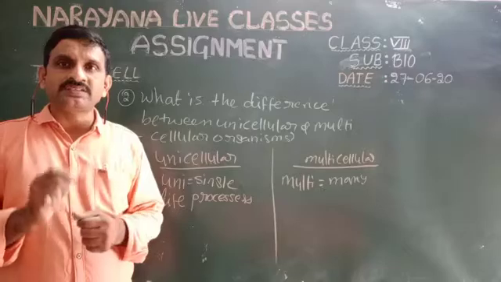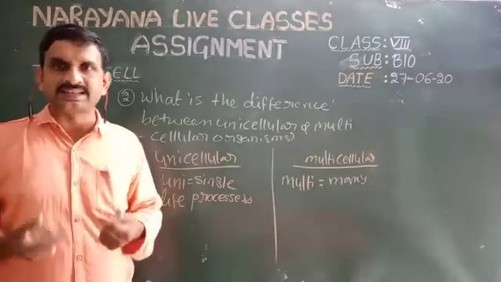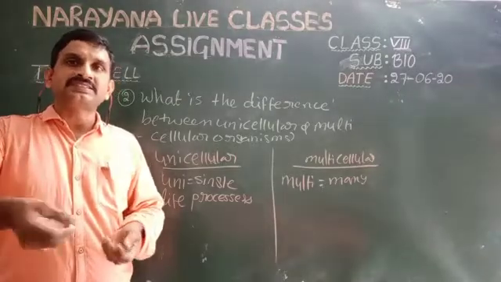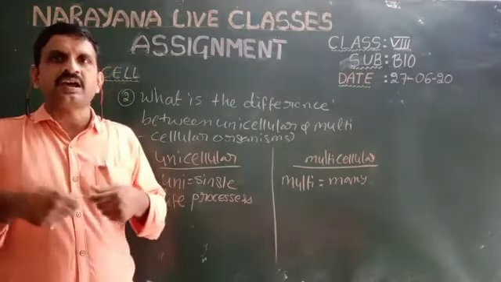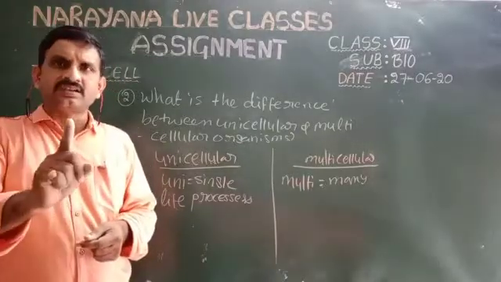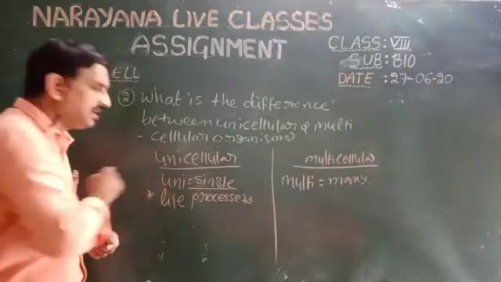Understood? Here life processes means respiration, digestion, transportation, excretion. All these are life processes, the different types of life processes taking place in an organism's body. But here all these processes are done by a single cell only.